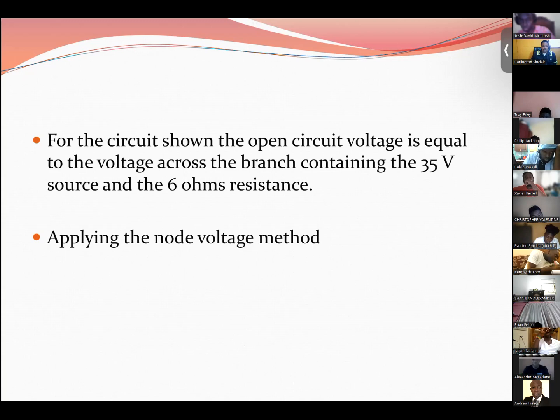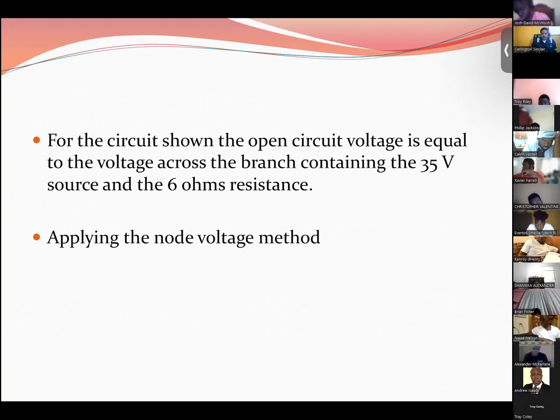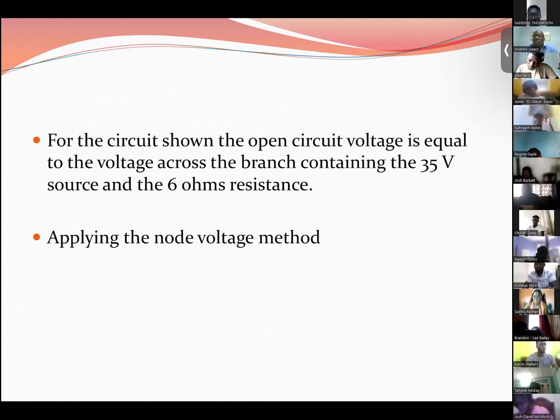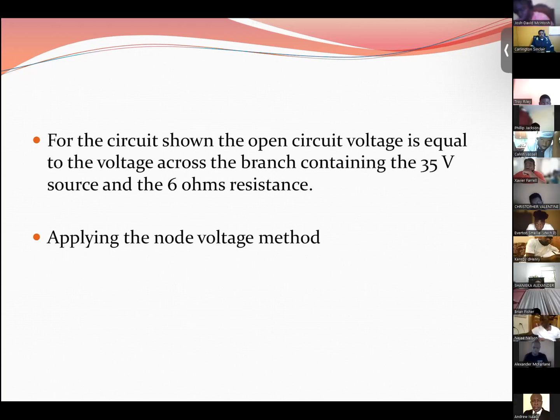Now, I'm not telling you that because we are finding the node voltage, or the open circuit voltage, that we must use nodal. That's not what I'm suggesting. We can use mesh, right? We can use superposition, but in this instance, it may be most appropriate that we use nodal. We get to the answer straight off the bat.